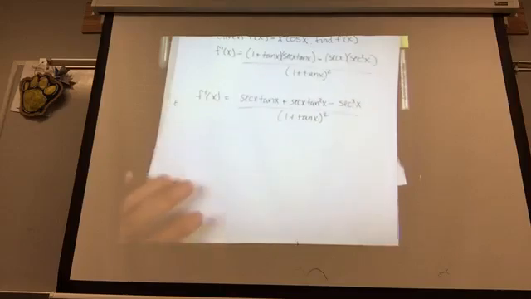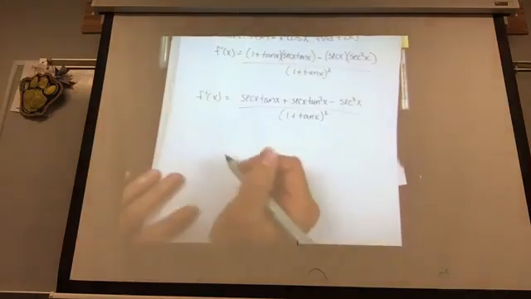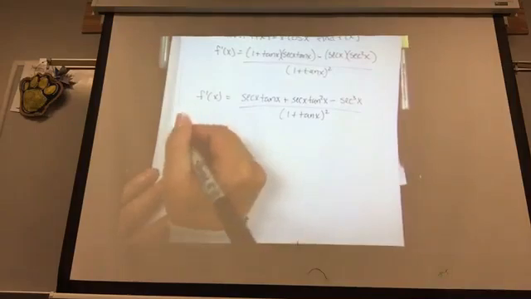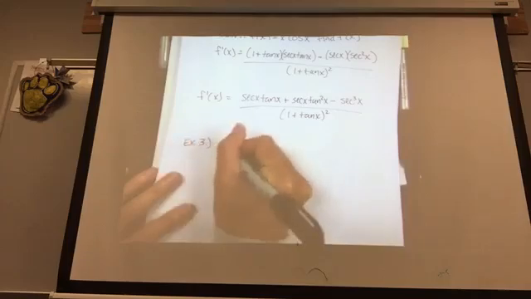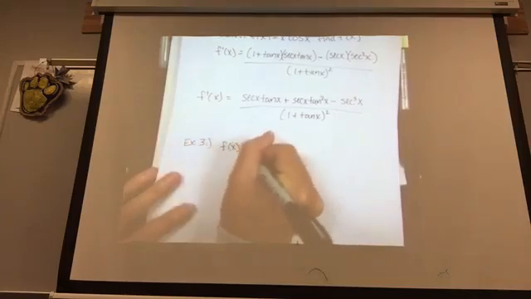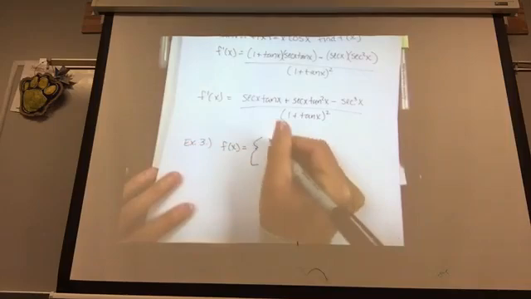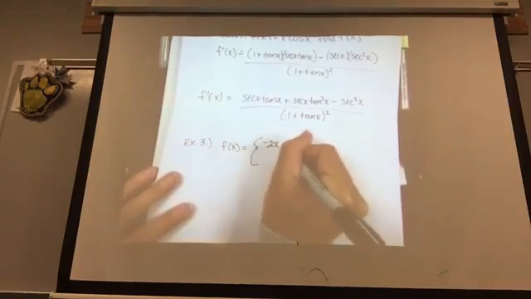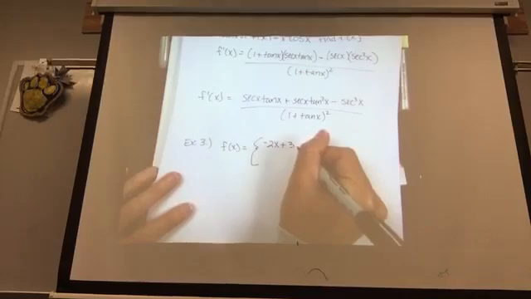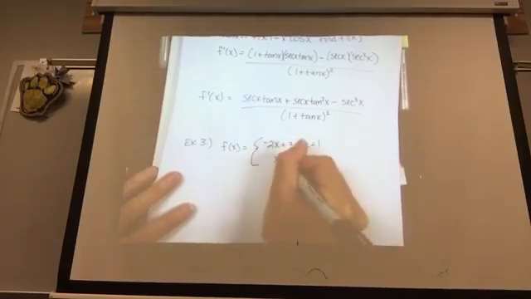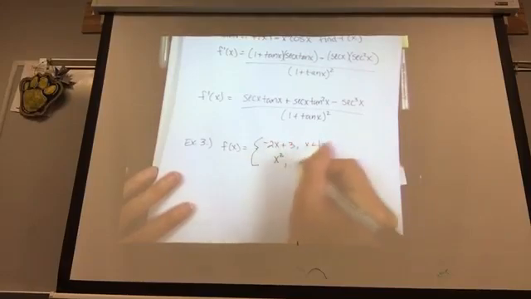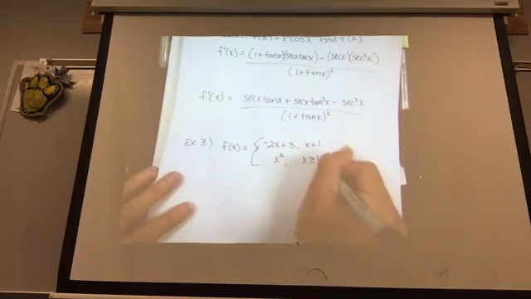Alright, now an absolute value one. Not an absolute value, piecewise. So example number 3, find f prime of x of f of x equal to negative 2x plus 3 for when x is less than 1, and x squared for when x is greater than or equal to 1.